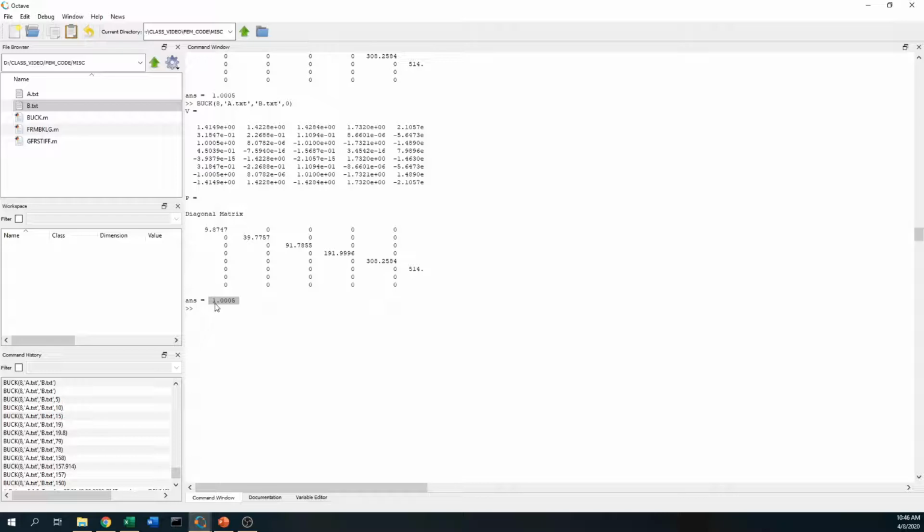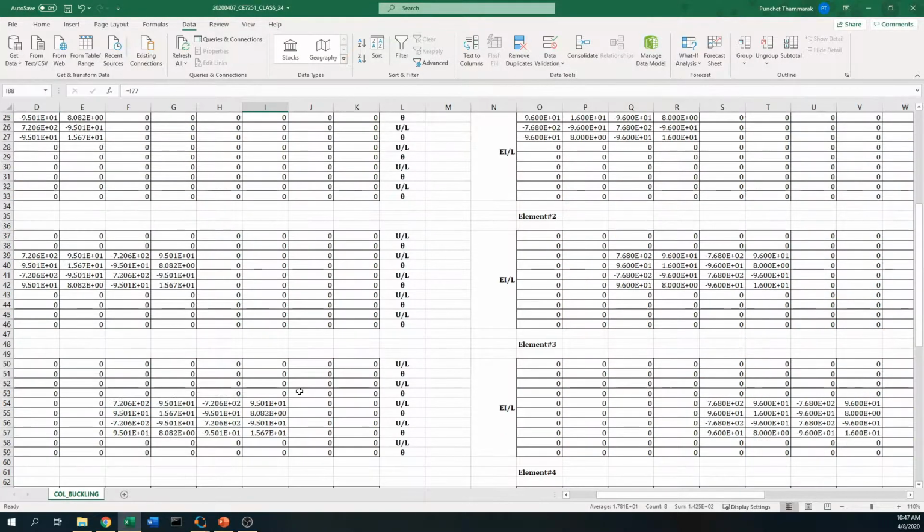So this is approximately 1.01 times pi square EI over L square, which is the eigenbuckling load of this particular case. Okay, buckling load of the pin at the top and the bottom, and without the horizontal restraining. Now we come back and see this.